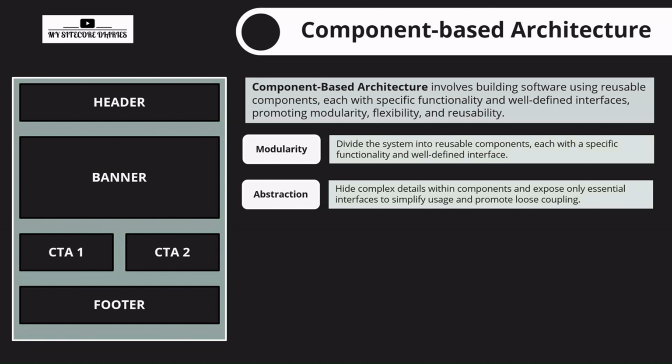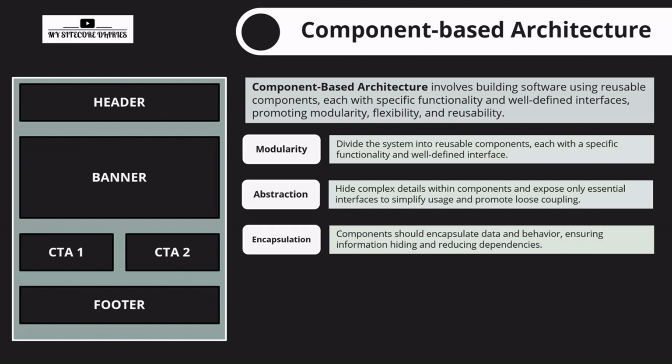So it provides the abstraction layer, which hides complexity and promotes loose coupling. Then encapsulation. Components should encapsulate data and behavior, ensuring information hiding and reducing dependency. So encapsulation is also a core principle of component-based architecture.